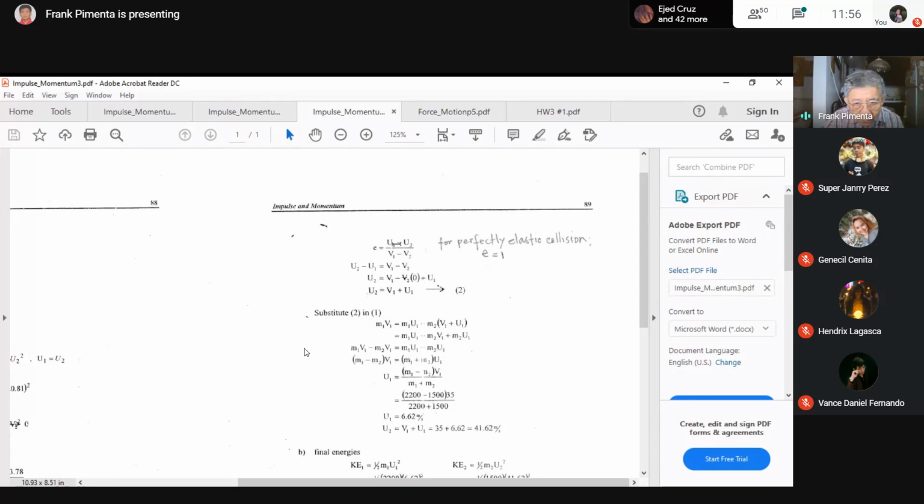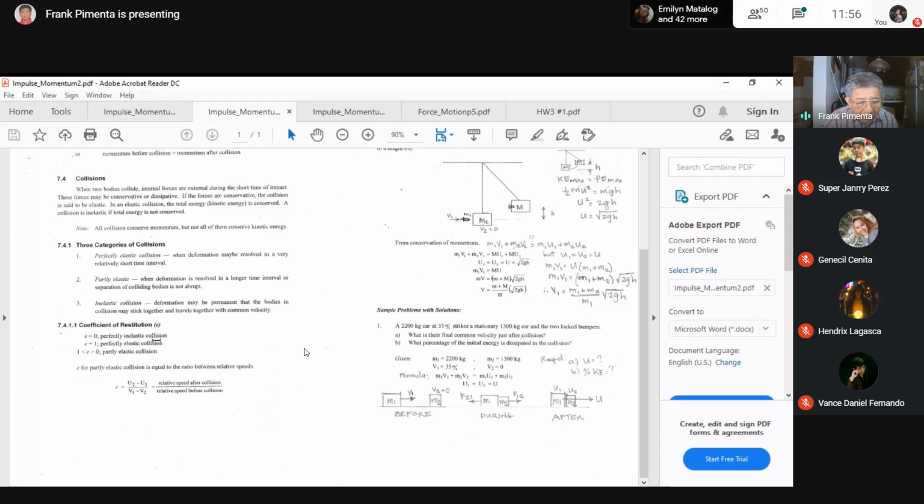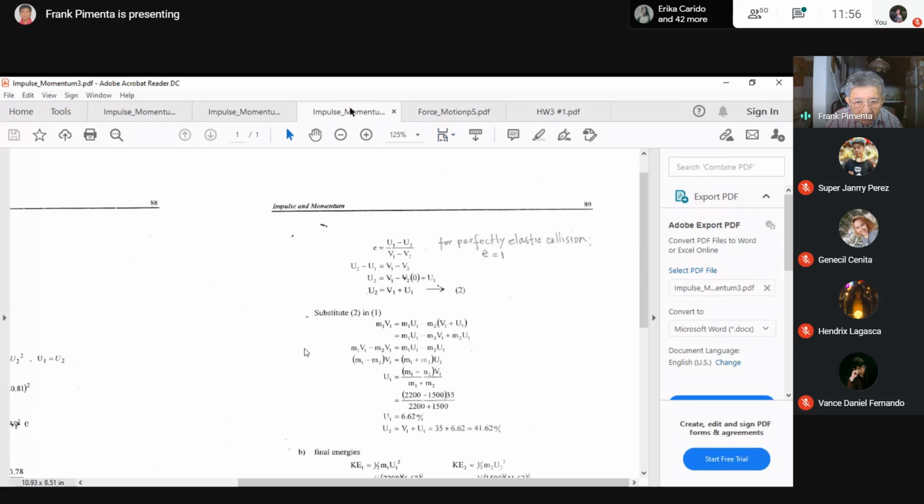This should be U2 minus U1, because going back to the formula, it is U2 minus U1. So take note of that and correct it. Maybe somebody will ask why it became U1 minus; it should be 2, then 1. If this is equal to 1, by cross multiplication, U sub 2 minus U sub 1 equals V sub 1 minus V sub 2.